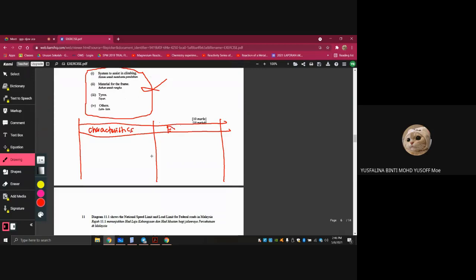Characteristic, then explanation. For the first characteristic, the system to assist in climbing.